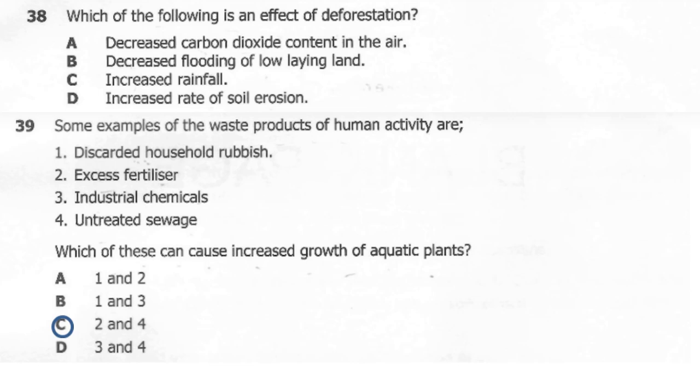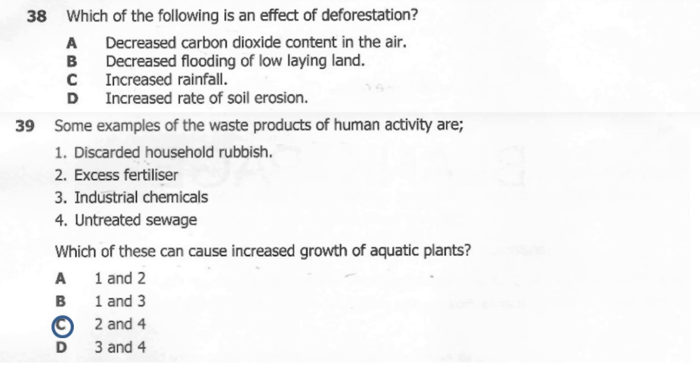So in plain lands, there are no trees and flooding usually occurs. C, increased rainfall. No, when we cut down trees, and trees play a very important role in the rain cycle, in adding water to the atmosphere, so we won't expect an increase in rainfall, but we will expect a decrease.